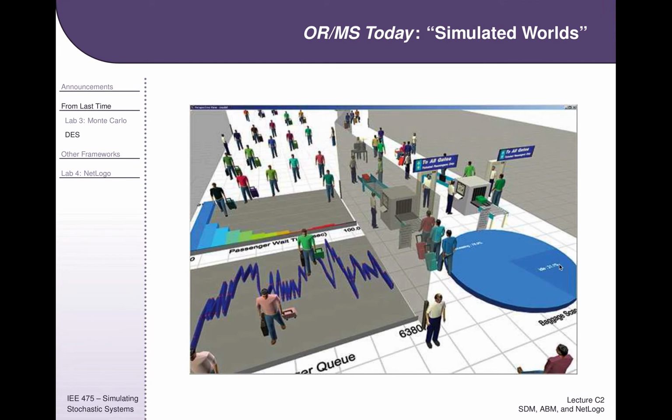So here's a visualization, I think from FlexSim. This is an example of a simulation of an airport, but they've rendered the simulation results so you can actually watch the entities walking around as 3D passengers. They've also stylized it with real-time stats on the ground that these passengers are walking around on.